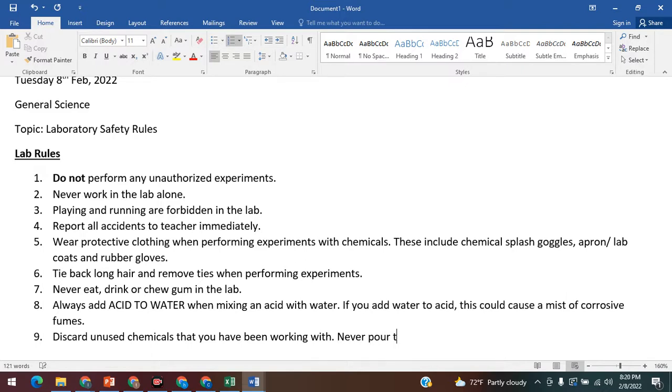This is a good one. Never pour them back into the storage bottles. Why not? Why don't you want to pour them back into the storage bottles? Maybe because you don't know what they react with. Yeah.